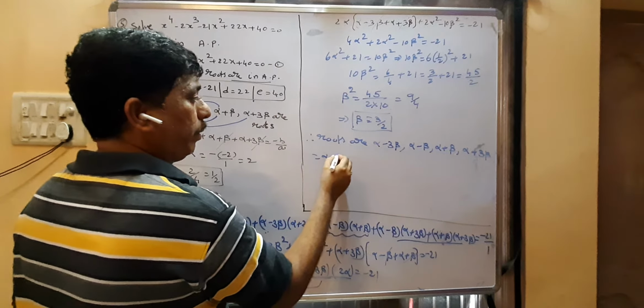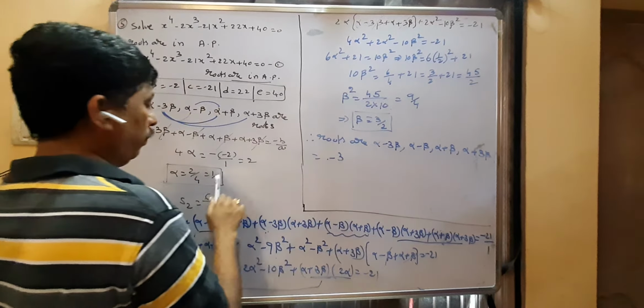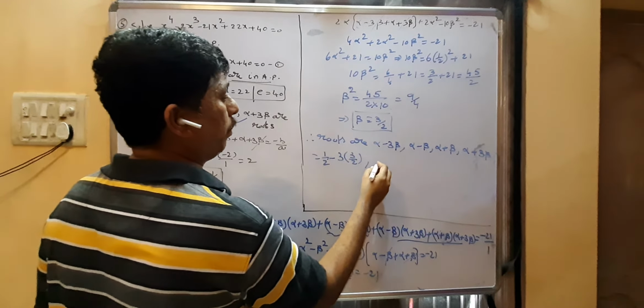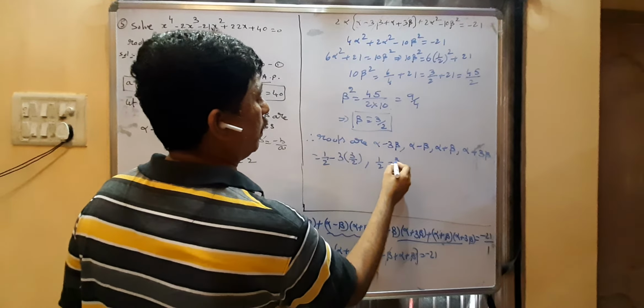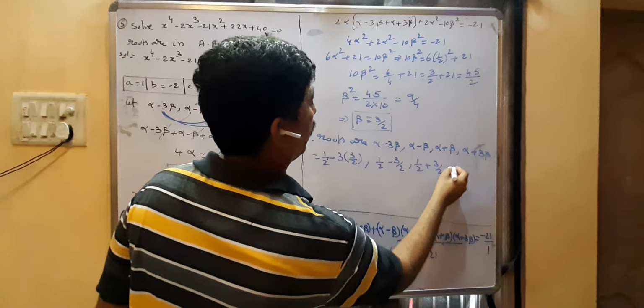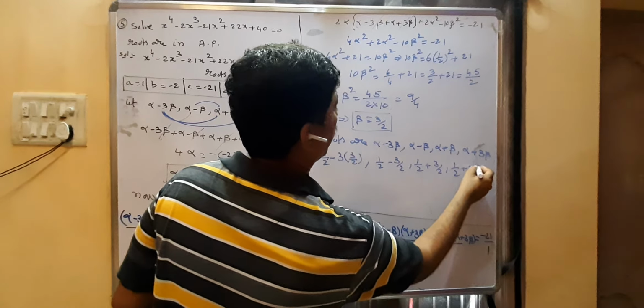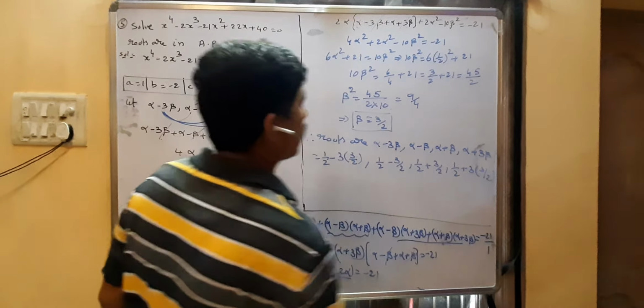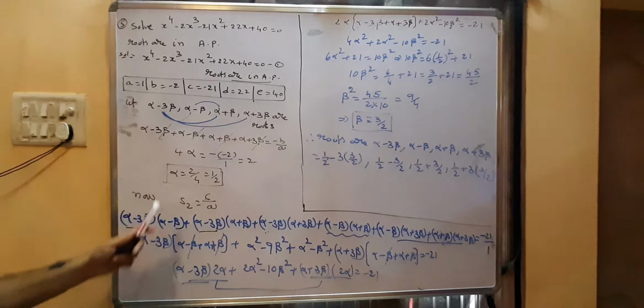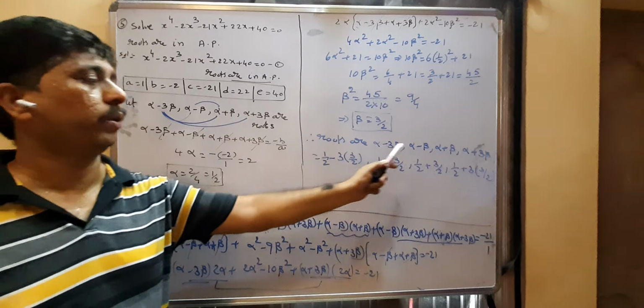That is 1 by 2 minus 3 into 3 by 2, 1 by 2 minus 3 by 2, 1 by 2 plus 3 by 2, 1 by 2 plus 3 into 3 by 2. Substitute the alpha value and beta value in the roots.